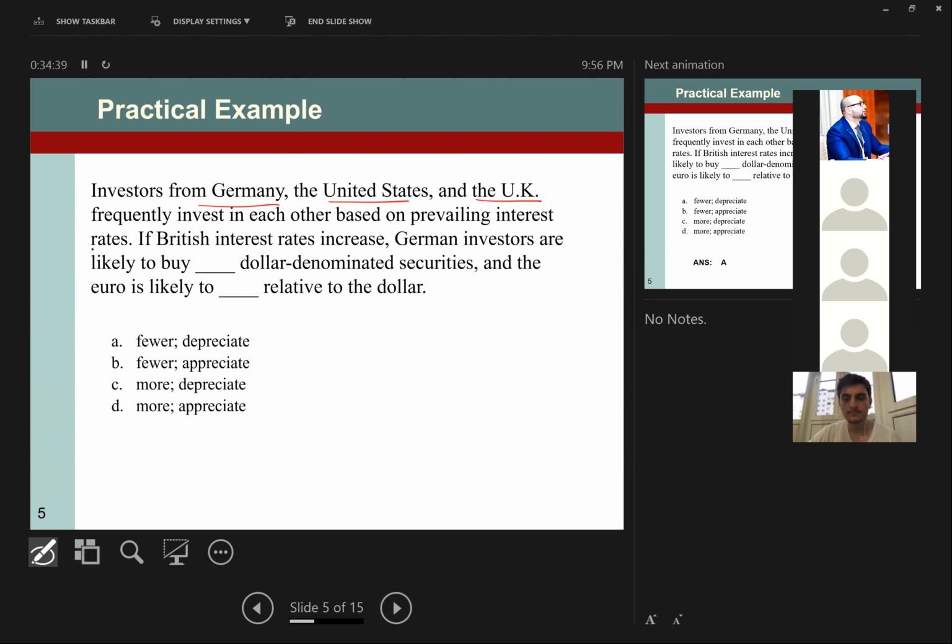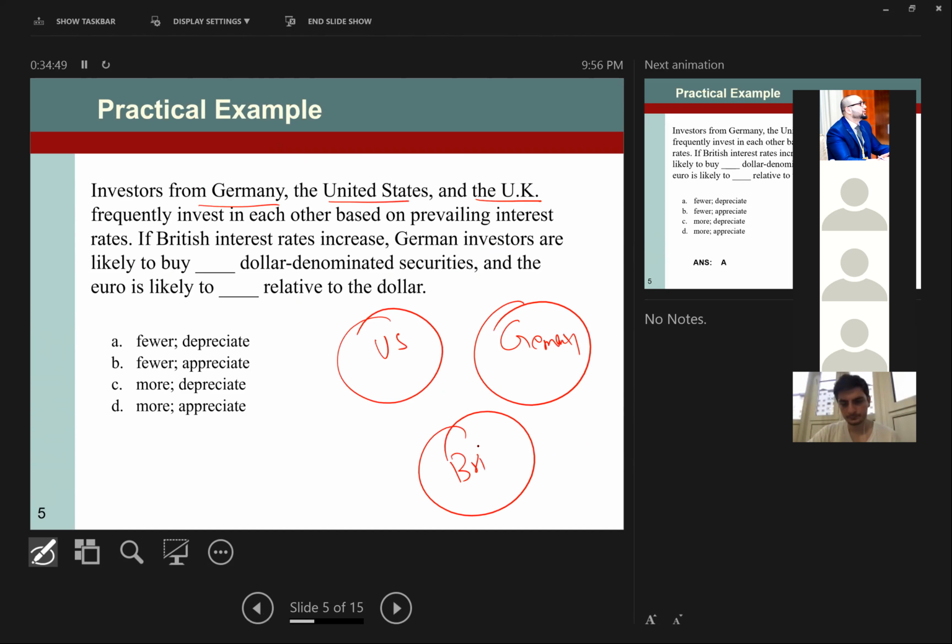Okay, if the British interest rate increases, this is British or UK, right? So what happened? In Britain, interest rates are higher. So we assume that here they are the same, right?